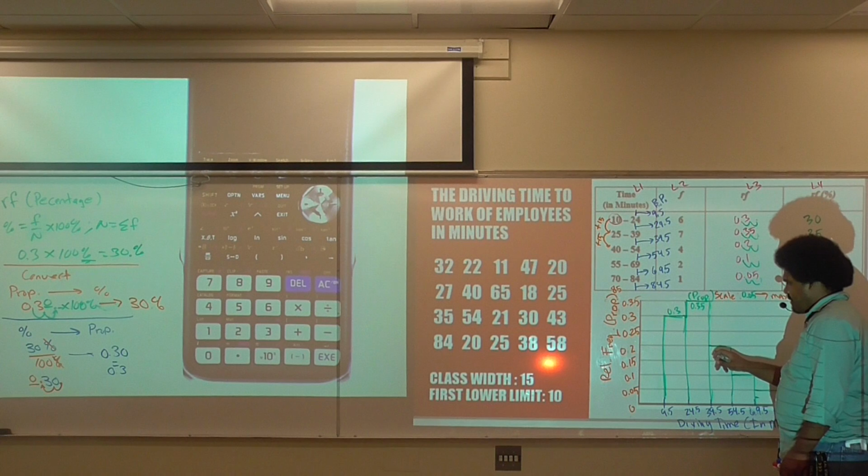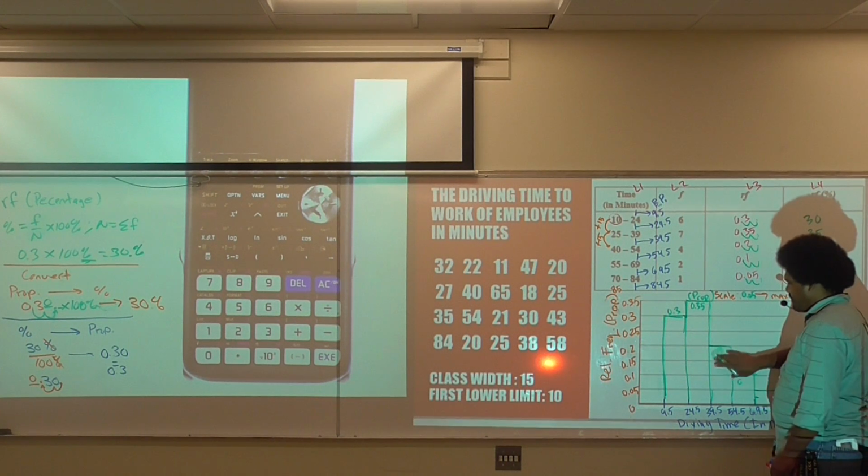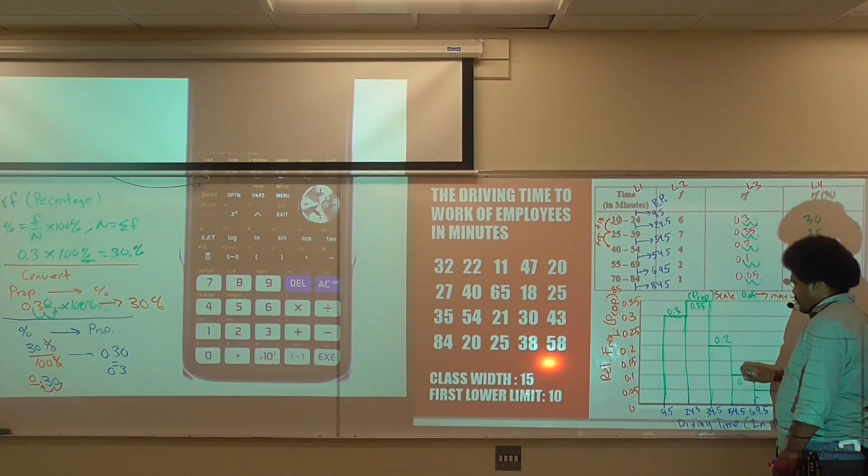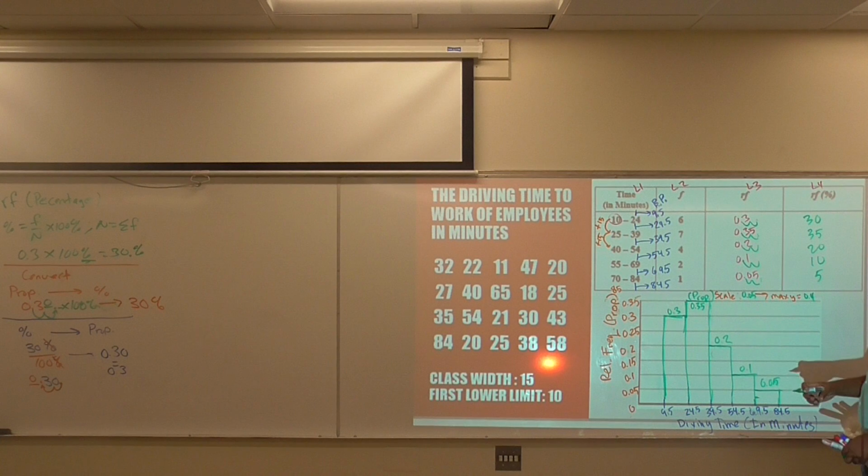Over here we have our 0.2, my 0.1, and my 0.05. So I usually go top so it will be consistent. But over here, I have this setup.